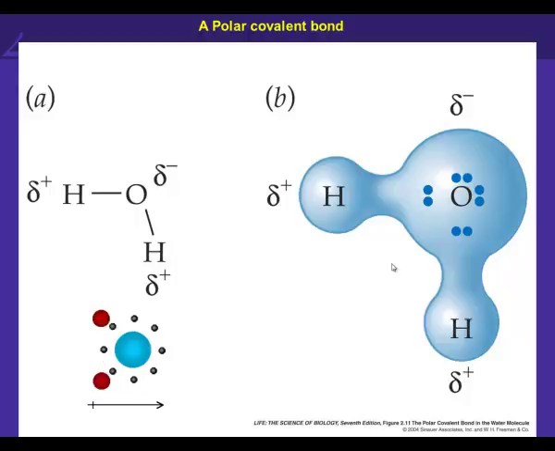If you look at the animation down here on the bottom of your screen, it's showing you what's happening with the electrons when these covalent bonds form in water. Oxygen is much more electronegative than the hydrogen atoms, so it exerts a stronger pull on those electrons. As a result, the electrons spend a larger amount of time around the oxygen atom than they do around the hydrogen atom.